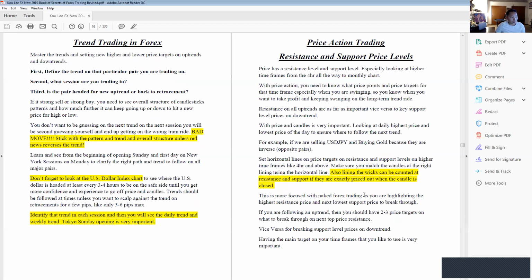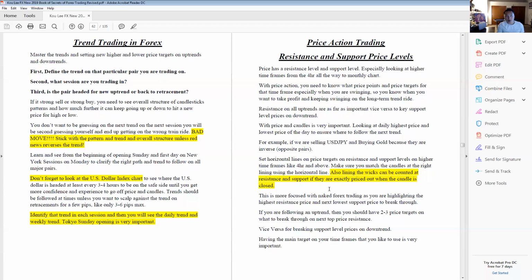What I highlighted here is that aligning wicks can also be counted as resistance and support if they are exactly priced out when the candle is closed. So when you have two wicks and they match up, that's like two pin bars. Whether it's two wicks lining up at the resistance or two wicks at the bottom lining up, those can be counted as support and resistance as well.